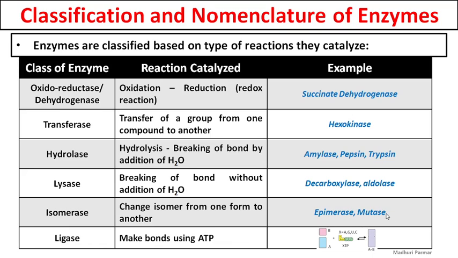Examples are epimerases and mutases. And finally, you have ligase. This type of enzyme makes bonds using ATP. And the example is DNA ligase, which we will see in replication, or we will also see it in your biotechnology chapter. Clear? So these are the 6 different classes of enzymes.